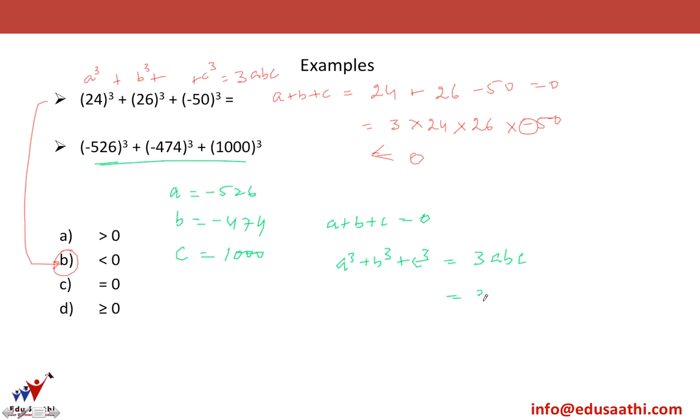So this means 3 multiplied by minus 526 multiplied by minus 474 multiplied by 1000. Since I have two minus signs, minus into minus is plus, so this value is definitely positive. So the answer to the second question here is the A part, which is greater than 0.